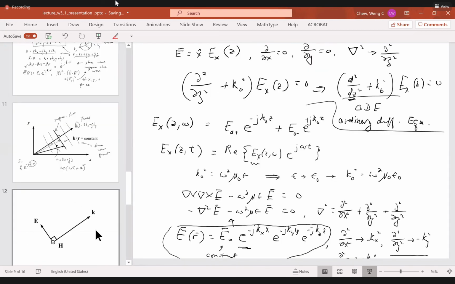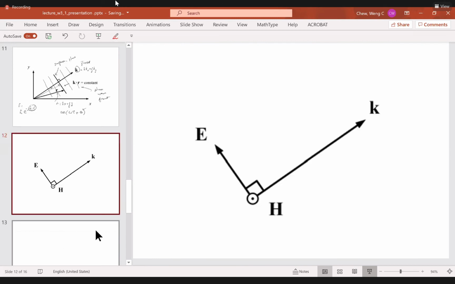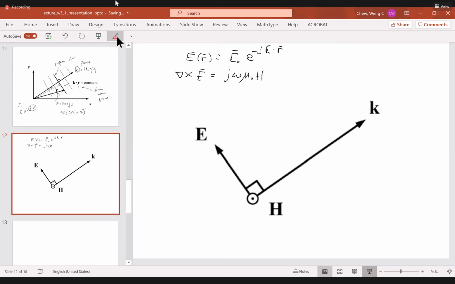There's something that I won't show in great detail, but essentially what we say is that if you assume that E of R is a constant times e to the minus jk dot r, and you plug into Maxwell's equations, the curl of E, according to Faraday's law, will be equal to that.